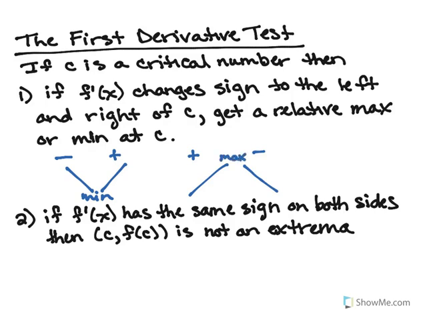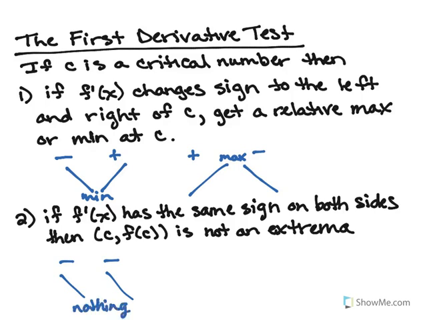Now, if the derivative has the same sign on both sides of the critical number, then that point is not an extrema. So if I go from negative to negative, well, that's just decreasing and continuing to decrease. I don't get anything.